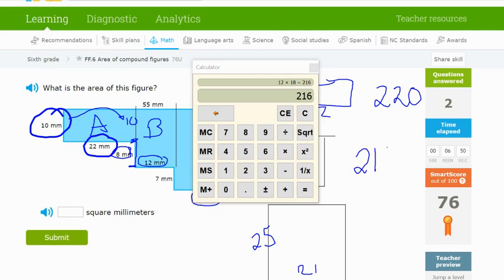That's 216. And then in C, I have 21 times 25, which is 525. So if I add all of these together, I've got 220 plus 216 plus 525, which is equal to 961.